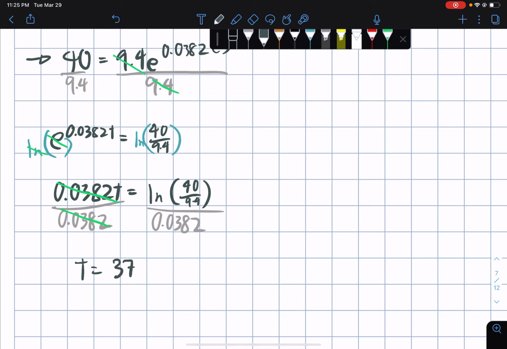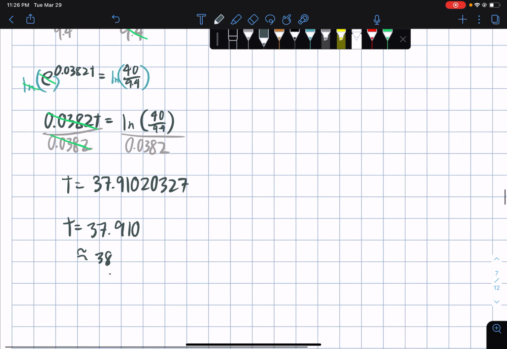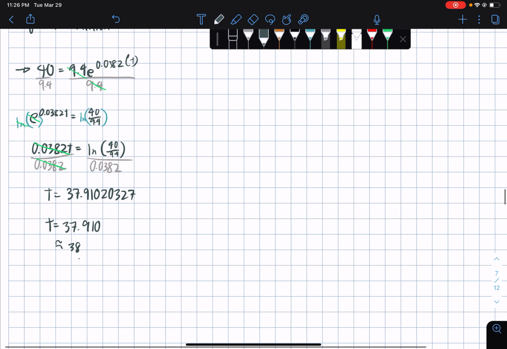T is equal to 37.91020327. T is equal to 37.910, or approximately 38. What's the unit of T? In years. So approximately 38 years.